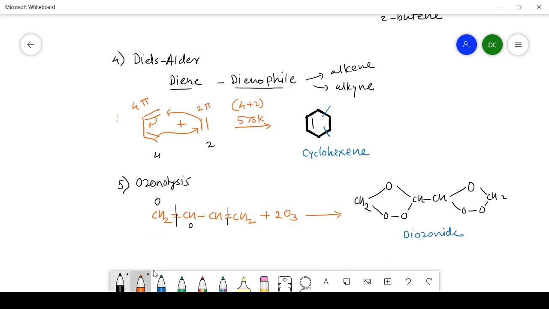In the next step, this diozonide structure is cleaved or broken like this. In this way it breaks, and upon breaking, which products have we obtained?